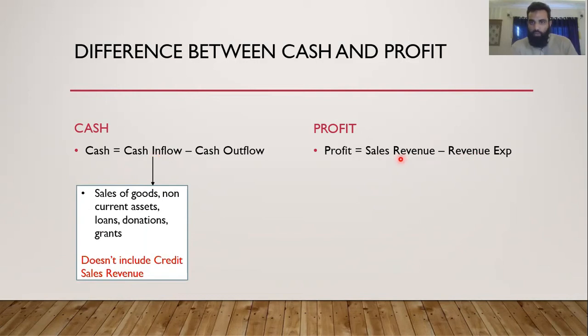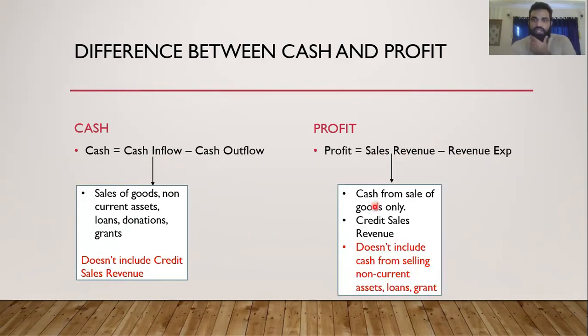Now, let's see what comes in sales revenue. In sales revenue, there is cash from sale of goods. See, this is the point of similarity. In sales revenue, we record cash from the sales of goods. Also, the same thing is included in cash inflow. But sales revenue also includes the credit sales, which are never included in cash inflow, since we don't receive any cash in credit sales revenue.